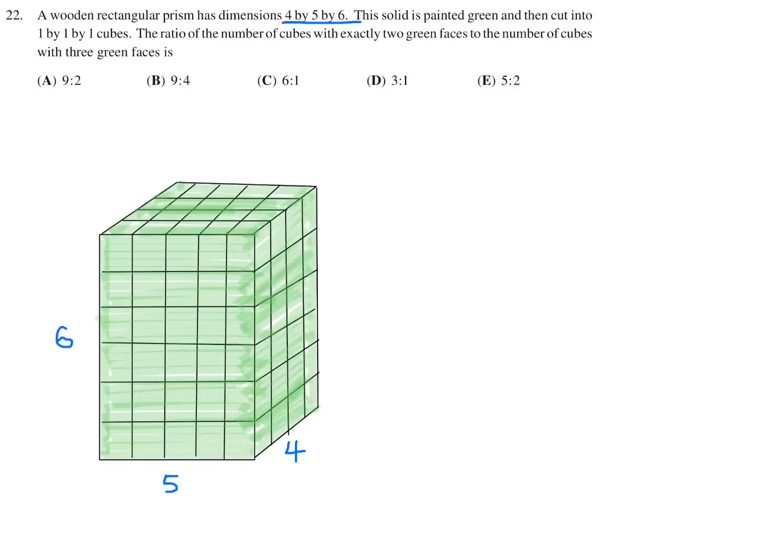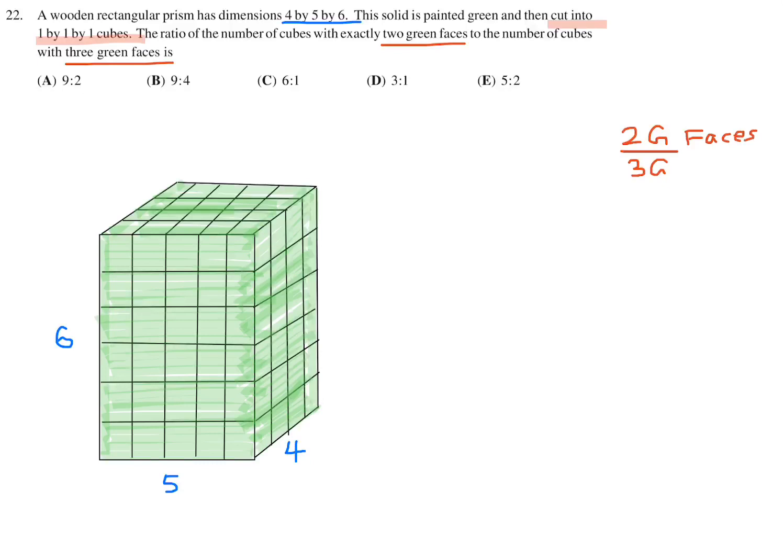And once it is all painted green, they are then going to cut the cubes into 1 by 1 by 1. And when they do that, some of these cubes will have exactly 2 green faces, and some of them will have 3 green faces, and they want you to figure out that ratio. So how many have 2 green and how many have 3 green faces?